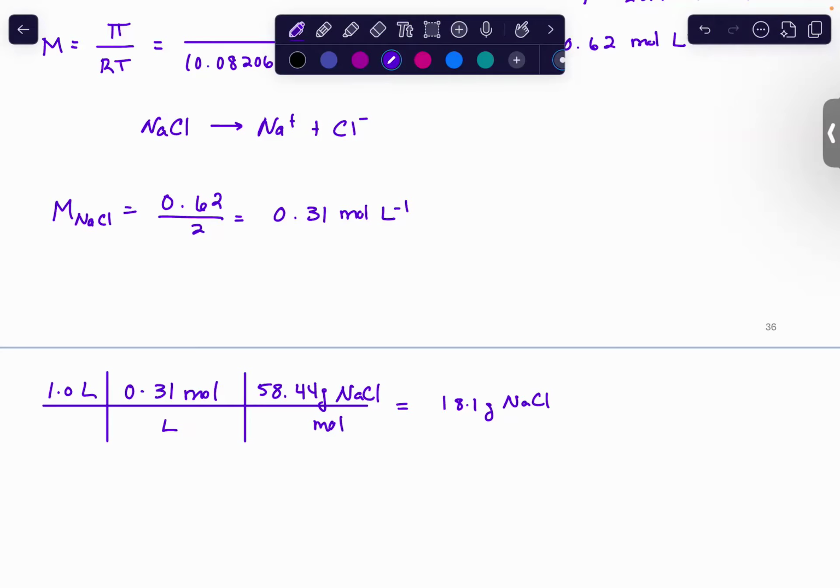That will give me the proper solution. So why wouldn't you want to put 1 liter of water in the flask and then dump in the crystals? Because it's going to increase the volume beyond 1 liter. So you want to dissolve those crystals first, then dilute to the 1 liter.